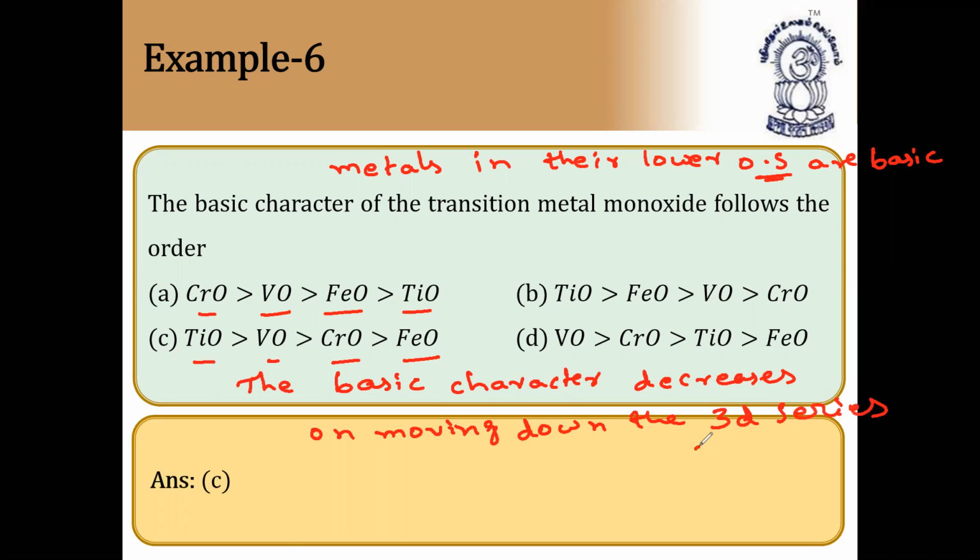So this is the reason we can write. Titanium, then vanadium, then chromium oxide, then iron oxide, because after titanium you get vanadium, then chromium, then iron after manganese.